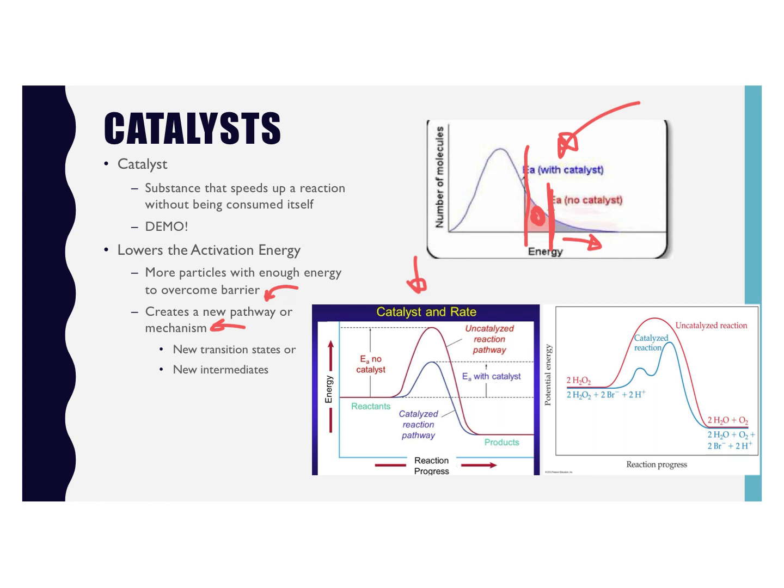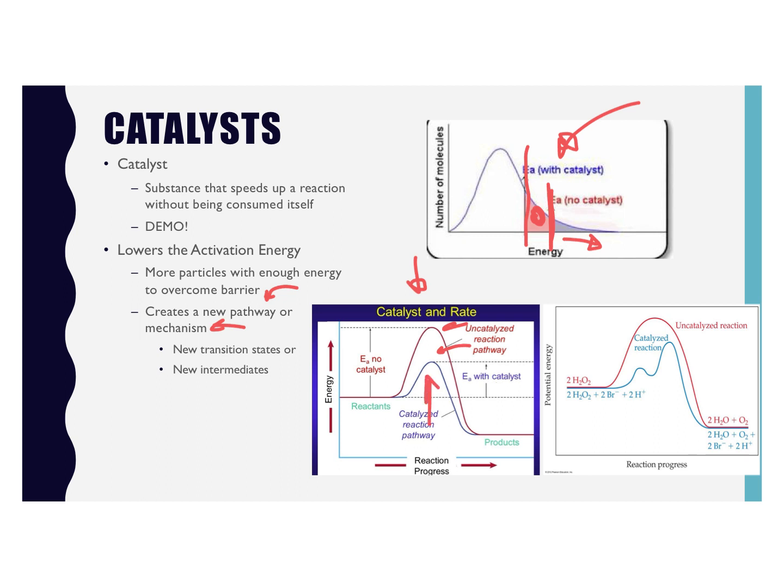The pathway without the catalyst has a higher activation energy, as you can see. With the catalyst, it creates a new way to have the reactant go through a transition state, and that lowers the activation energy, and as a result of that, you get a much faster reaction here.